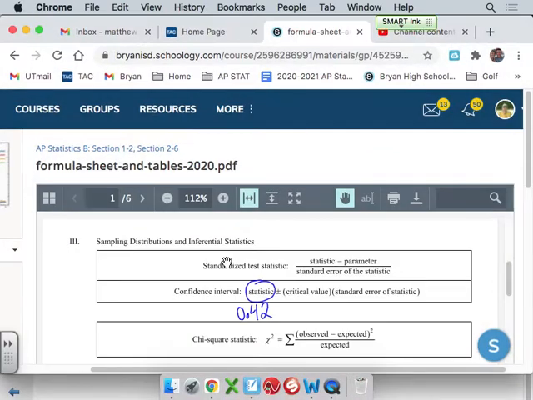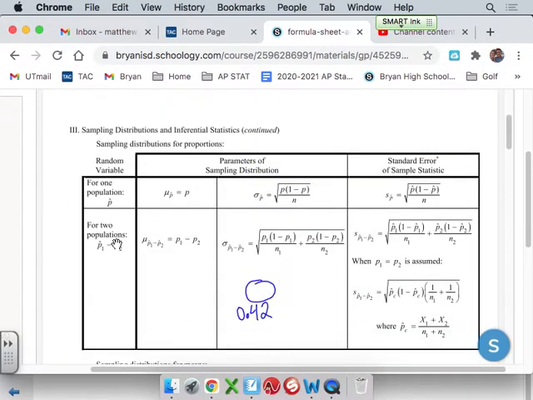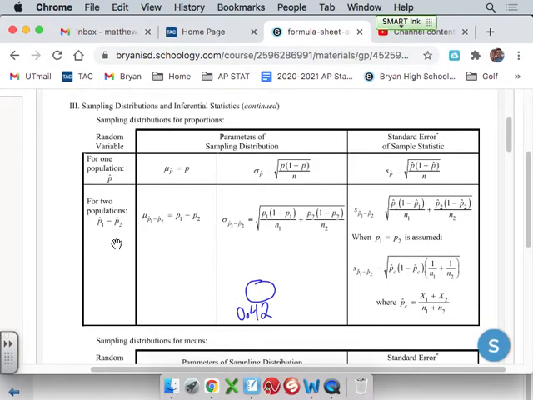On the back side where we have our formulas, you can see here is the standard deviation, and then over here it says the standard error. The only difference between these two is that this one is using p 1 minus p, and this one is using p hat 1 minus p hat.